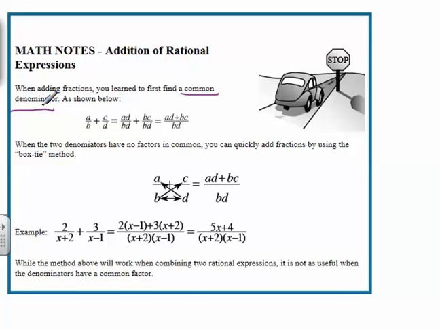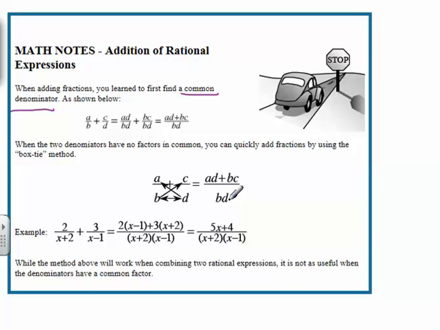So what we typically do when we're trying to add fractions is sort of like it makes a bow tie shape. Because basically, if I've got b and d as my two denominators, I need to multiply this one by d and this one by b, and we get this sort of pattern going on.